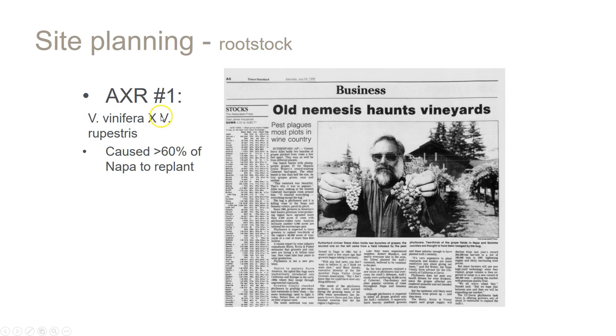We had a lot of this planted, and in the 80s and early 90s we had a massive failure of this rootstock, especially in Napa, which caused over 60% of the acreage in Napa to be replanted. So now there are actually not that many vineyards older than the early 90s in Napa.